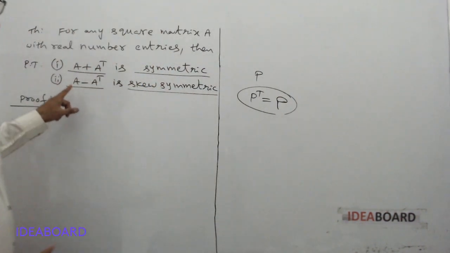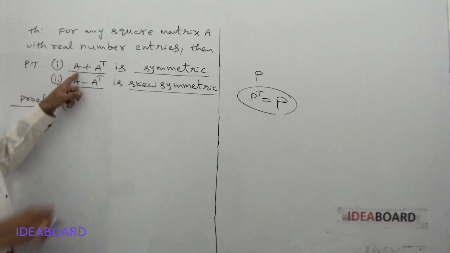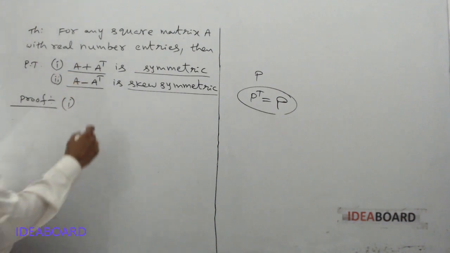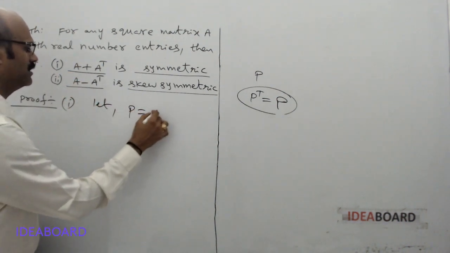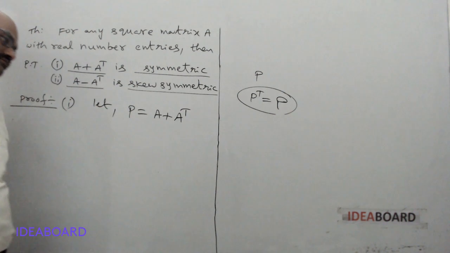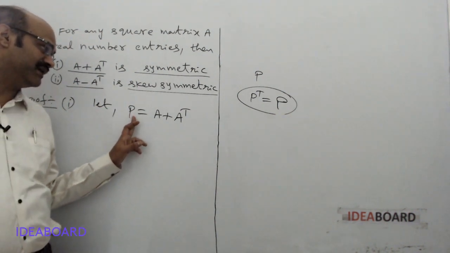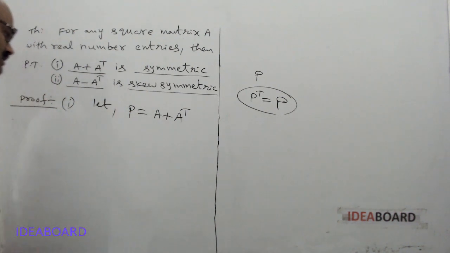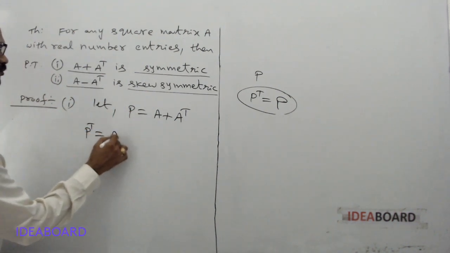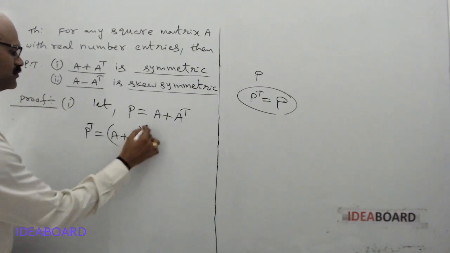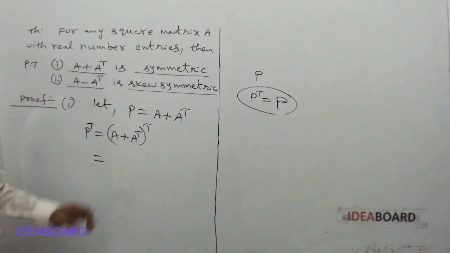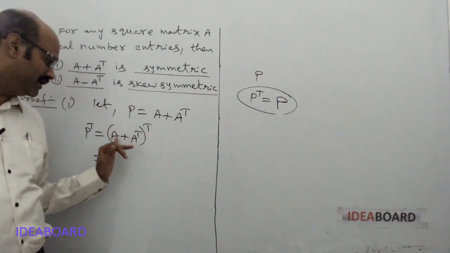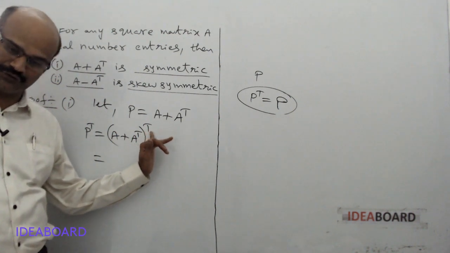Now we have to prove that A plus A transpose is symmetric matrix. So let P equal to A plus A transpose. Now we have to prove that P transpose equal to P. Then we say that P is said to be symmetric matrix. Now P transpose equal to A plus A transpose whole transpose. It implies, now we have the formula (A plus B) whole transpose equal to A transpose plus B transpose.